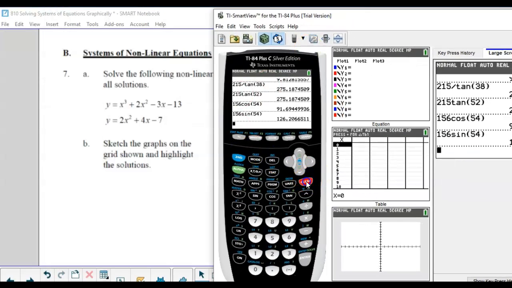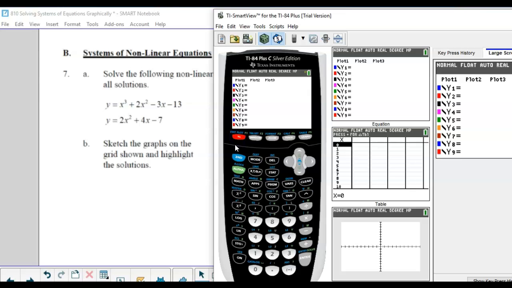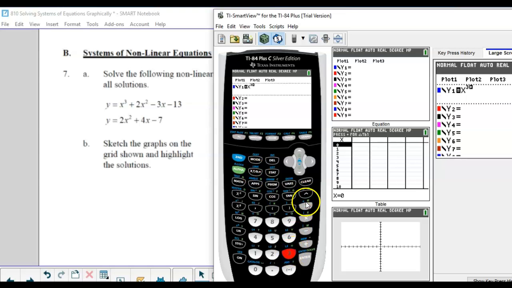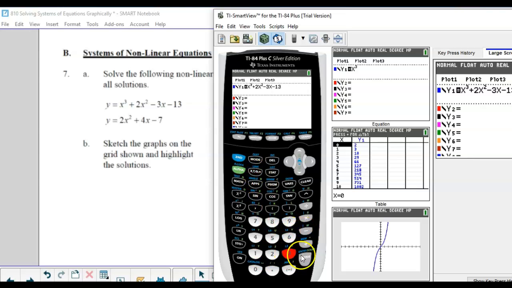Okay, you want to clear your calculator, go to y equals, and there's no trig in this, so you don't care about mode. You just start entering: x to the exponent 3, cursor out of that, plus 2x squared minus 3x minus 13.